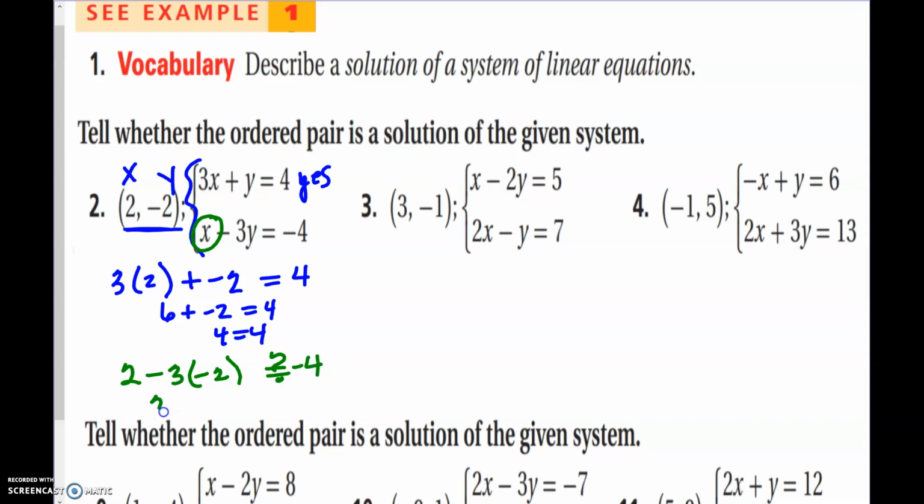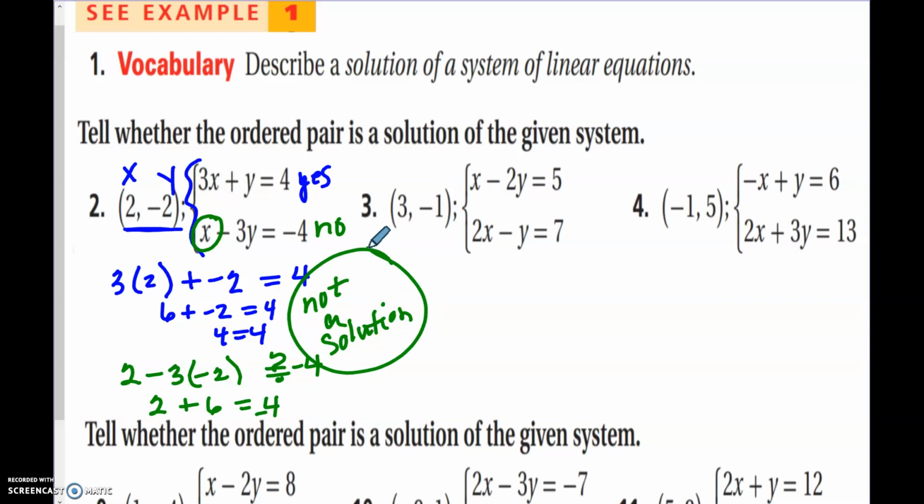So we have 2, and we have negative 3 times negative 2 is plus 6. And does that equal negative 4? And the answer is no, this does not work. So this is not a solution. 2, negative 2 does not work for this system.